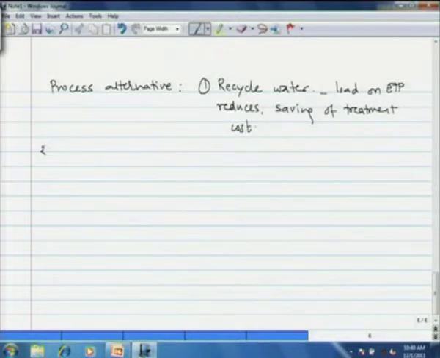Let us say if the plant is located at a location where water is not abundantly available, then recycling water is absolutely essential.